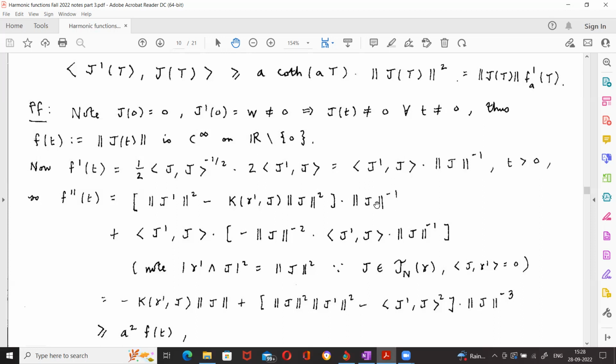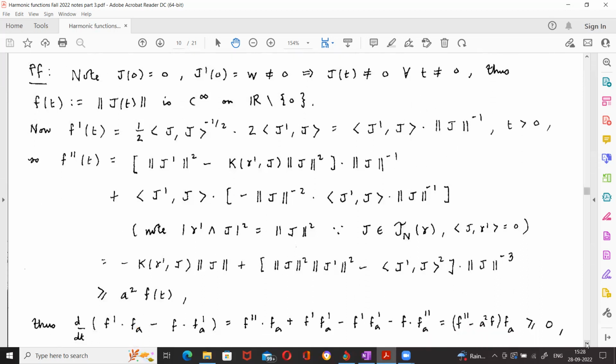I have a norm j inverse here, and I have to take another norm j to the minus 2 out, so I have to multiply this by norm j squared. So I'll get norm j squared, norm j prime squared, minus inner product j prime j whole squared. Is this clear?